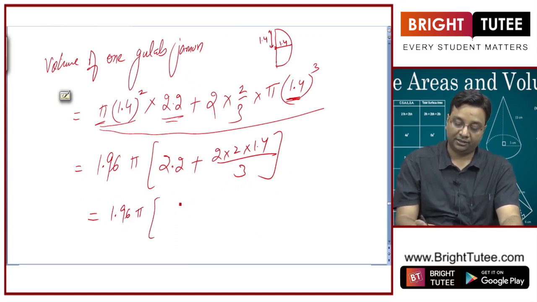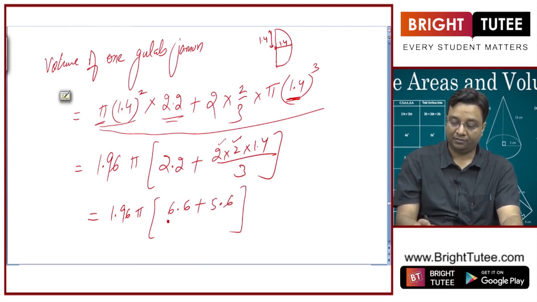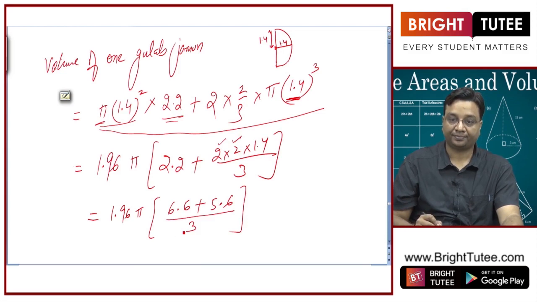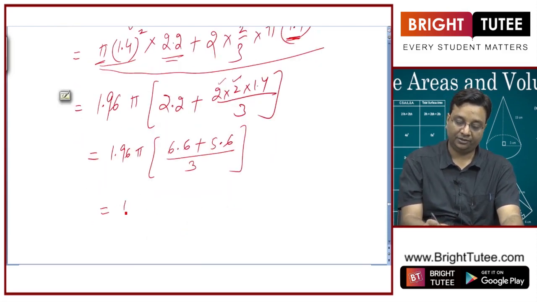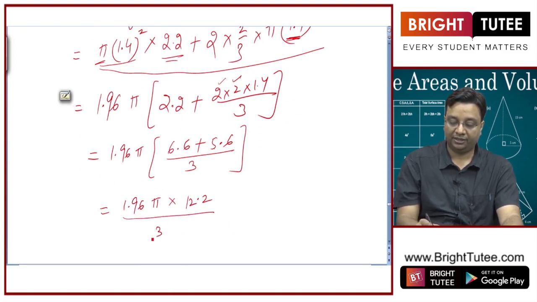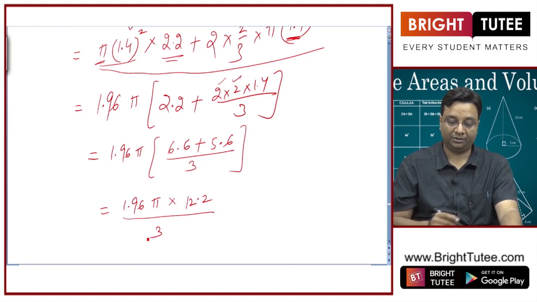This can be written as 6.6 plus, 2 into 2 is 4, 14 into 4 is 56, so this can be written as 5.6 by 3. So 1.96 pi into 12.2 divided by 3 is the volume of one gulab jamun.